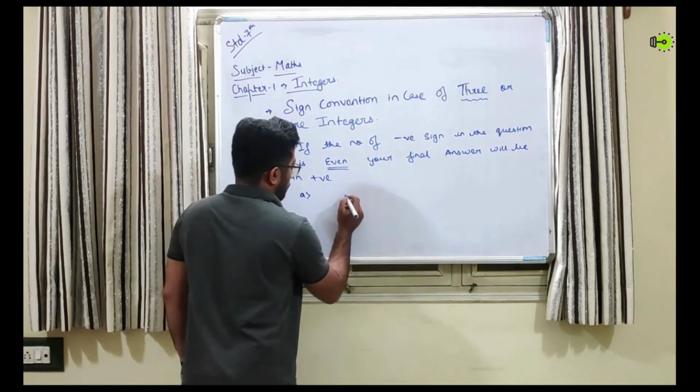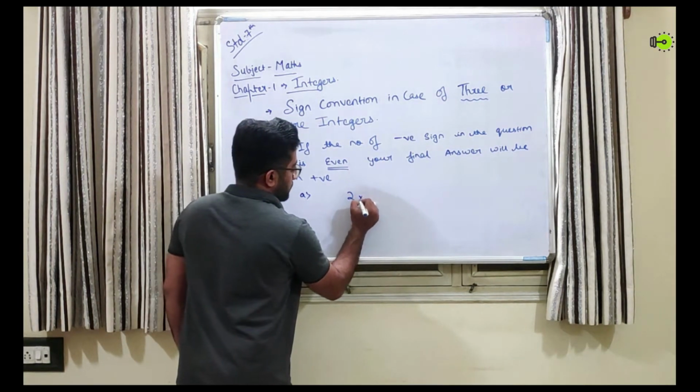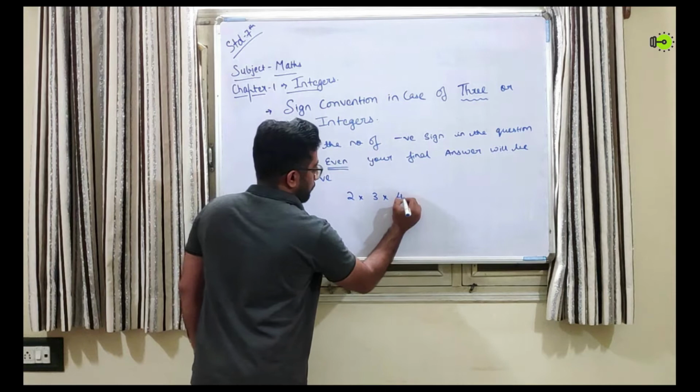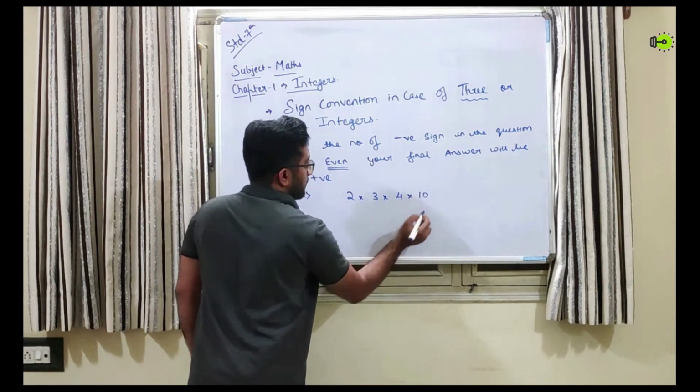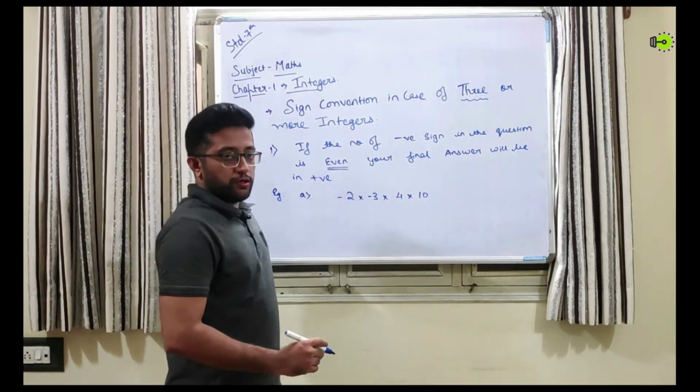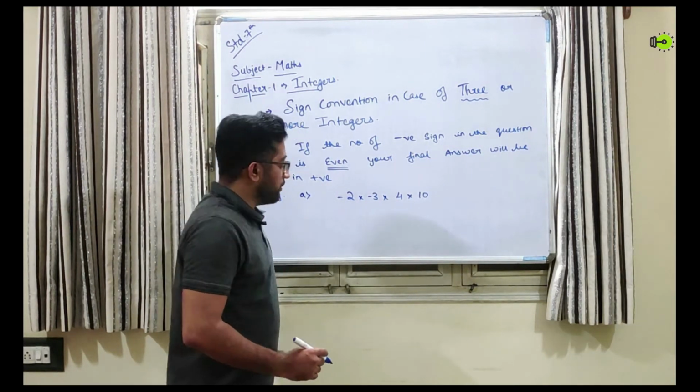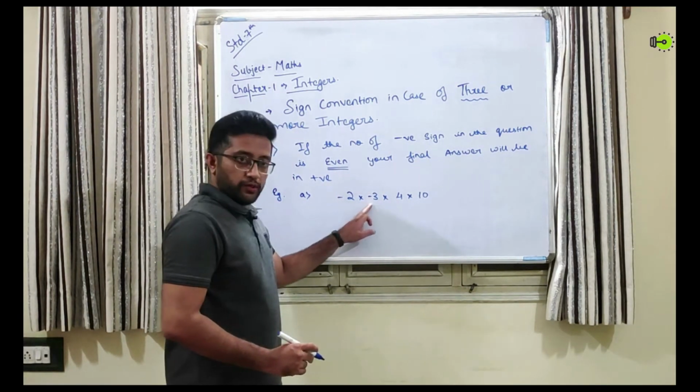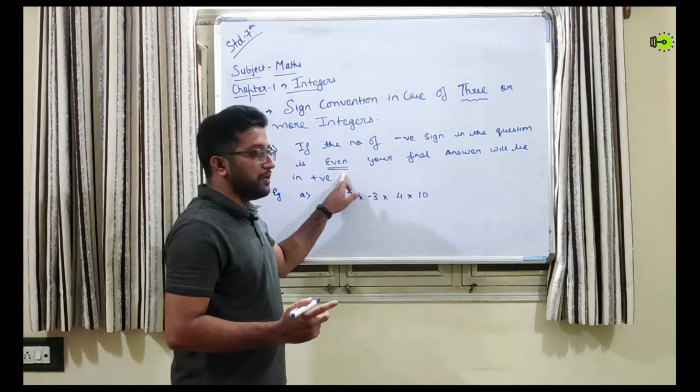Suppose we have minus 2 multiplied by minus 3 multiplied by 4 multiplied by 10. Now there are two numbers with negative sign, 1 and 2, and 2 is an even number.